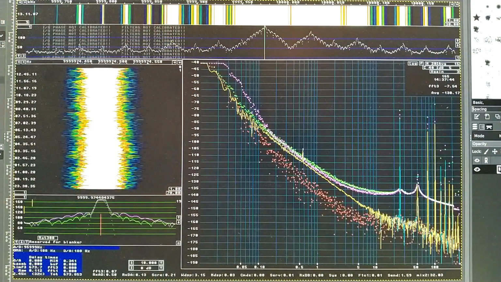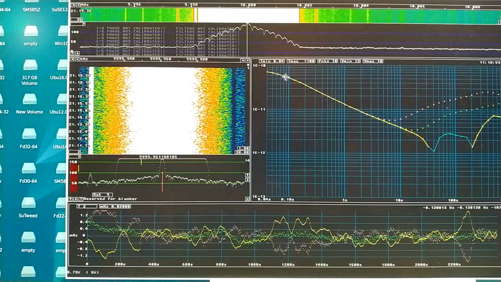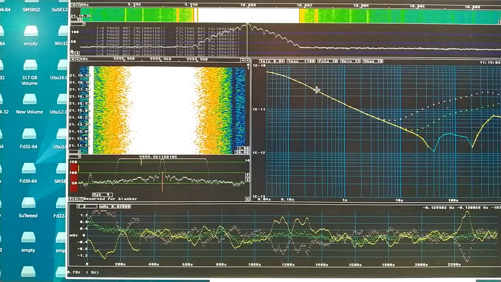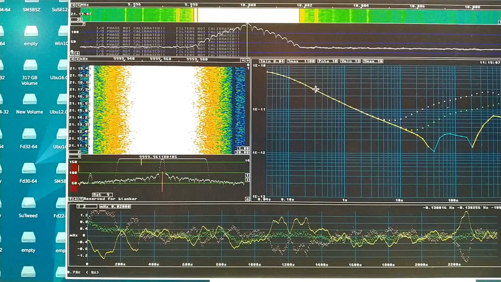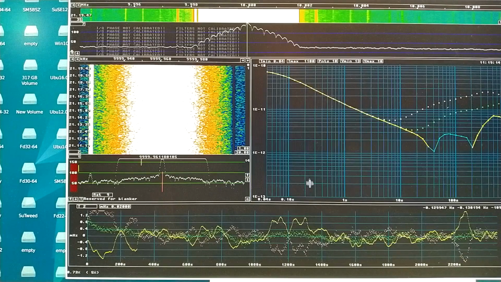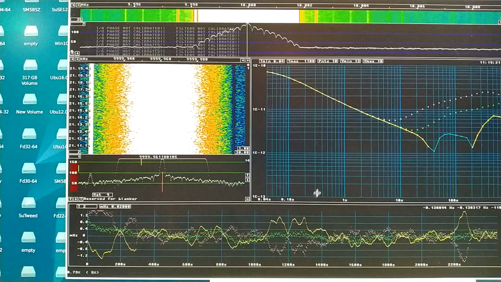Now this is better seen in the Allan deviation graph. Here you can see Allan deviation. It is at, for example, 0.3 seconds, something like 3 times 10 to minus 11, while with the FET oscillator it was something below 10 to minus 13.